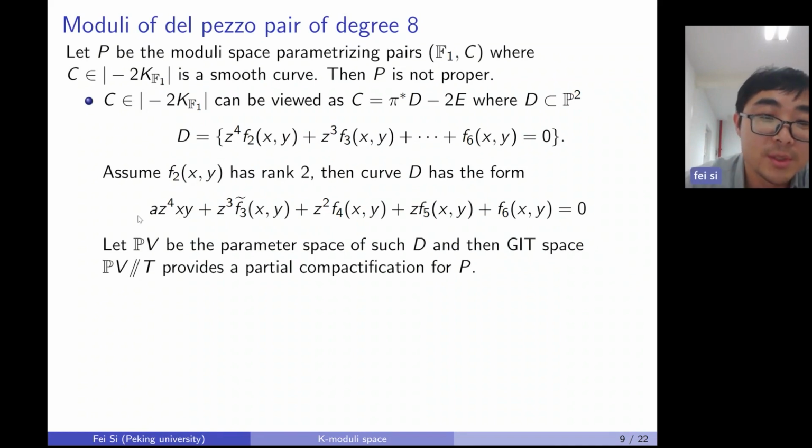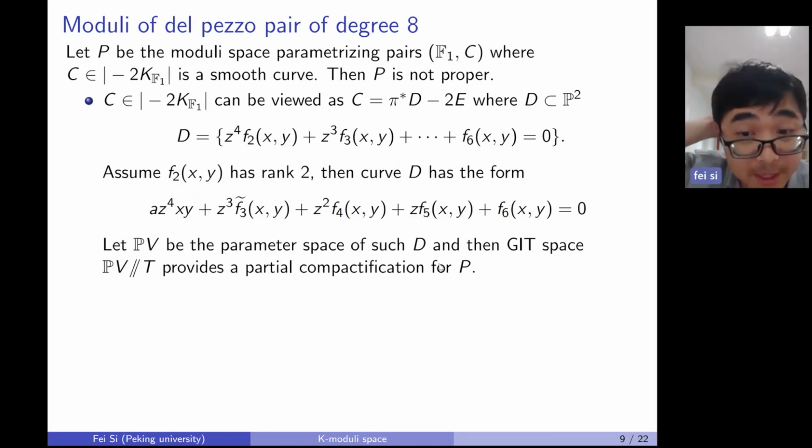Then you use this reductive group to construct a reductive GIT. Here PV is just the parameter space of these monomials, and T is just the two-dimensional torus. Then this space will provide a partial compactification for our moduli space of del Pezzo pairs.